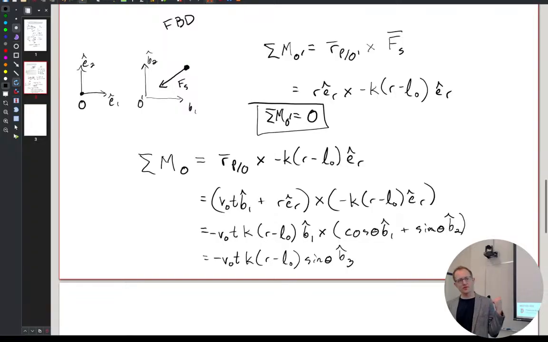Is it always true that there's sometimes a 0 moment point, sometimes a non-zero moment point? Can I always pick a system and say there's 0 moment around this point, but there's an applied moment around some other point?